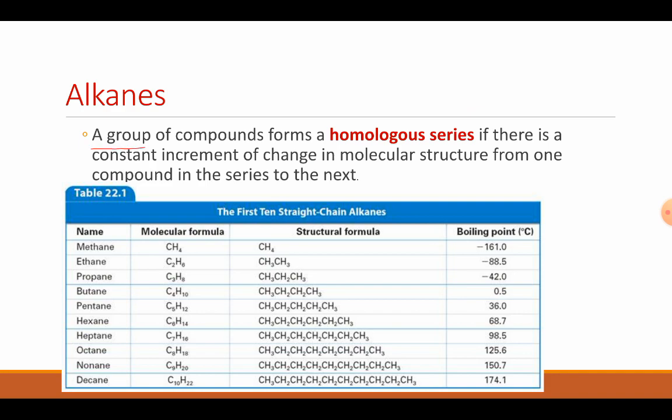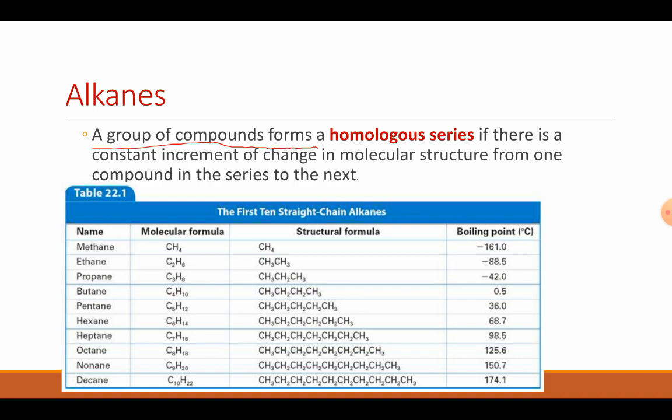A group of compounds forms a homologous series if there is a constant increment of change in molecular structure from one compound in the series to the next. Listen here.